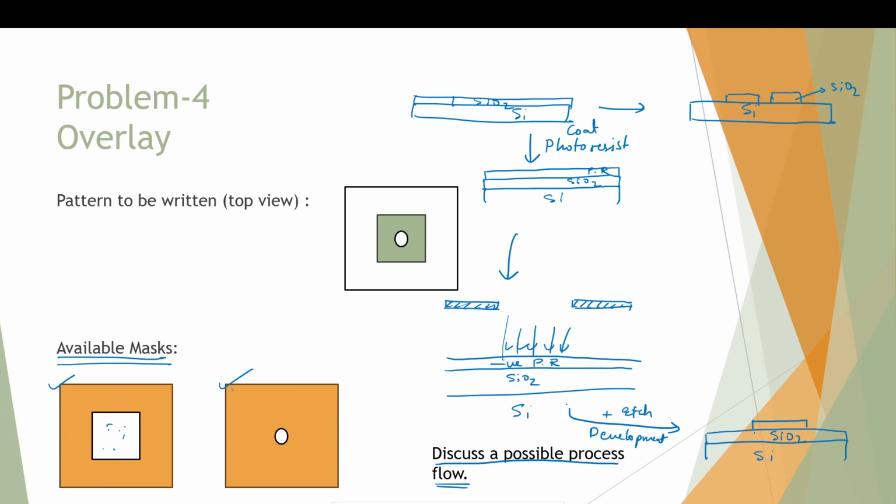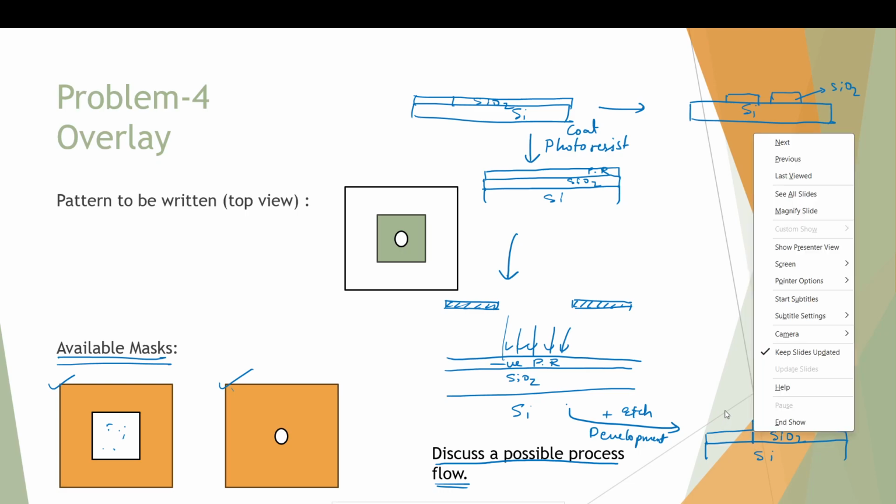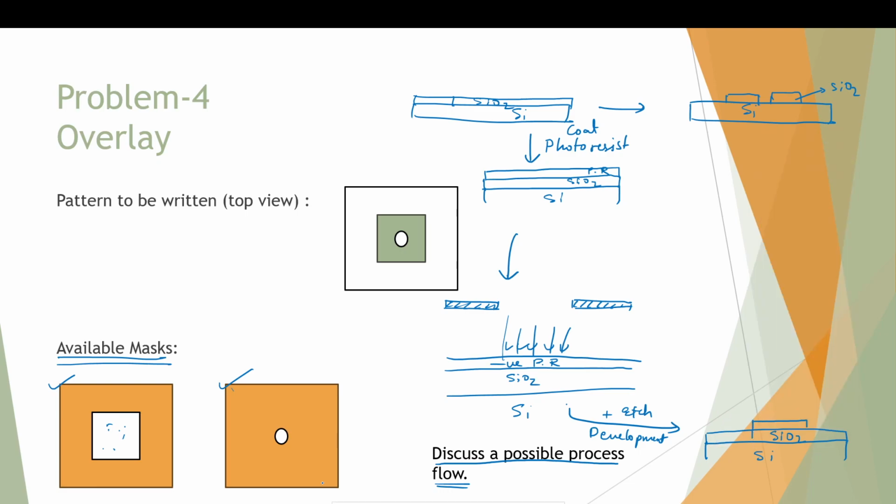After etching, the regions which are protected by the PR will remain, and the rest of the SiO2 will be etched away. So after etching, I will get something like this: silicon, SiO2, and then PR on top of it.